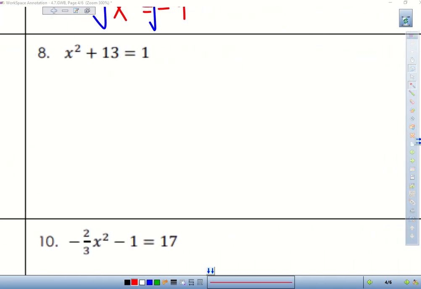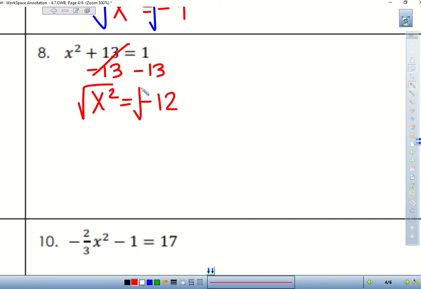Now moving on, we're going to do number 8. I subtract 13 on both sides. That gives me x squared is equal to negative 12. I square root both sides. That gives me x equals. Now this I can break down into, I know it's going to be plus or minus, and I know it's going to have an I in it somewhere, right? But what can I break down negative 12 into?